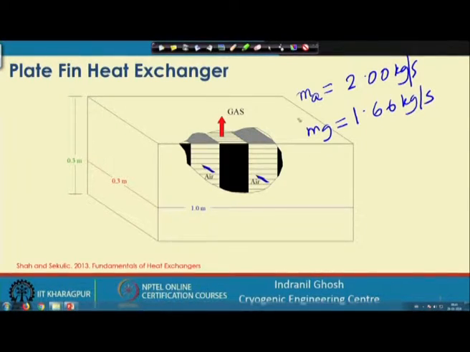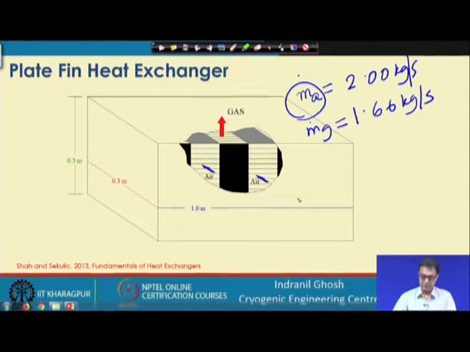When we multiply the mass flow rate of air and of the gas with the corresponding Cp values, we will be able to determine C min or C max.